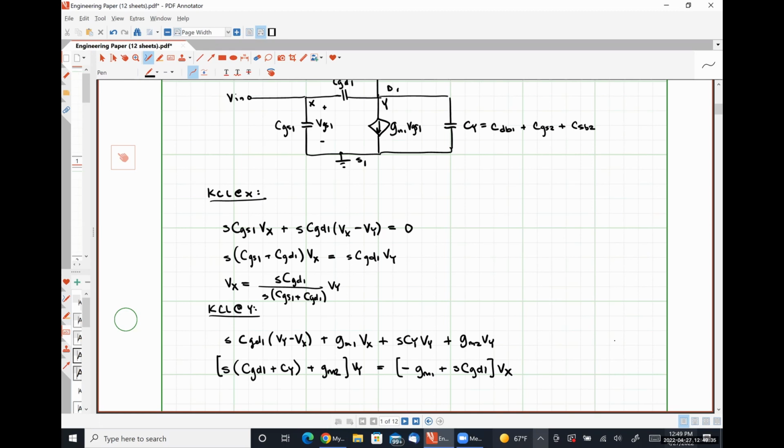Sorry. Let me think about this for just a moment here. So I know that Vx is my input voltage. But I'm getting two different transfer functions that are going to relate Vy to Vx.